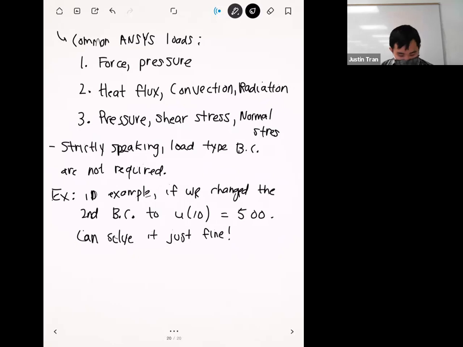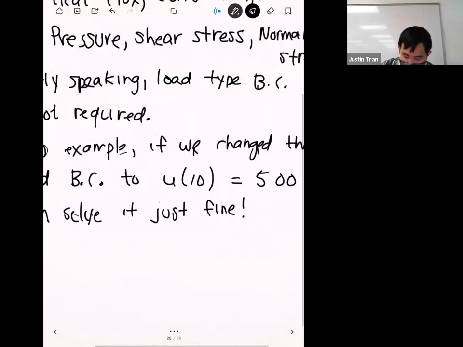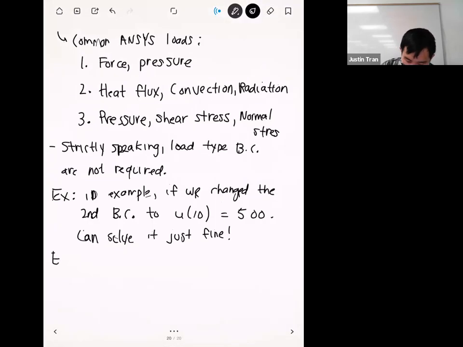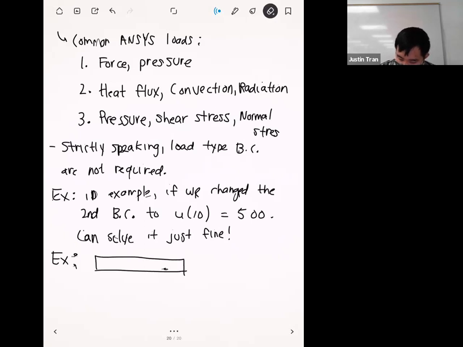And so, as a more physical example, just to prove to you that it's possible, let's take our beam from earlier, but let's actually fix it this time. So it's not making its way downtown. Let's say we're fixing the beam right there, and we're going to have a roller on this end.